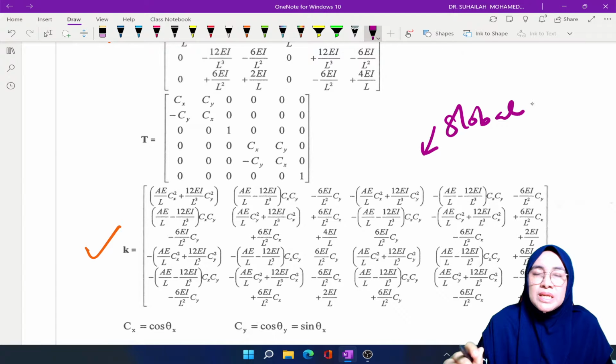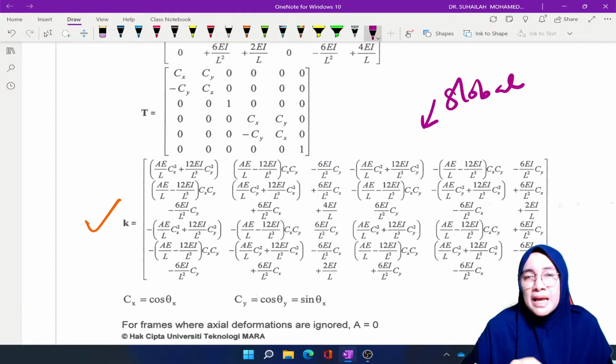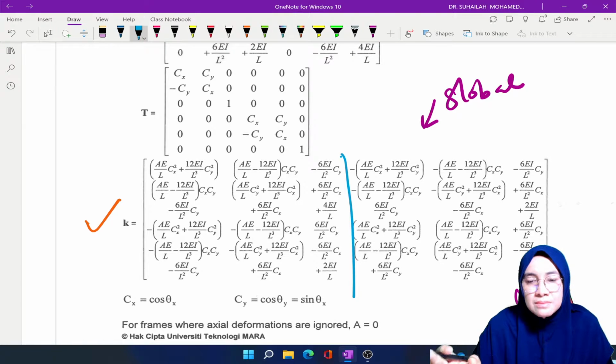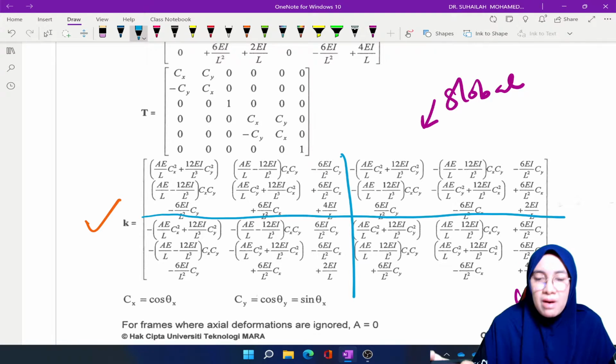It is K, representing the element stiffness matrix, and in frame it is 6 by 6 here. Why is it 6 by 6? Because we have 3 representing near and another 3 representing far.